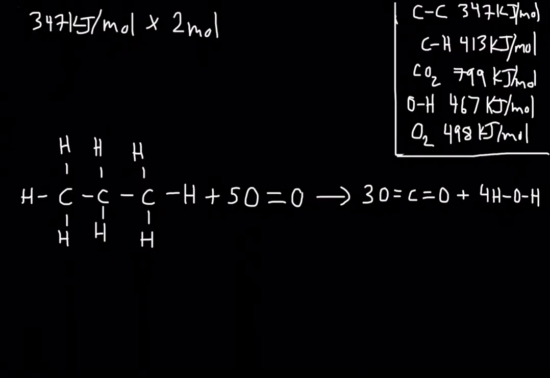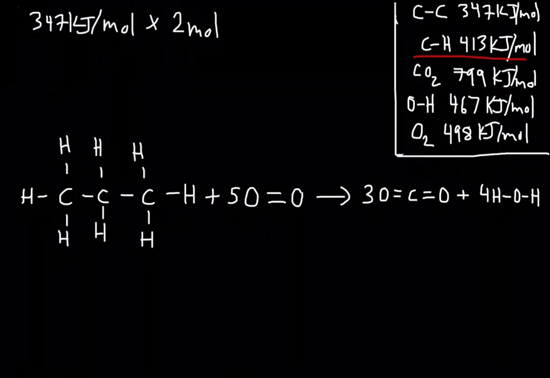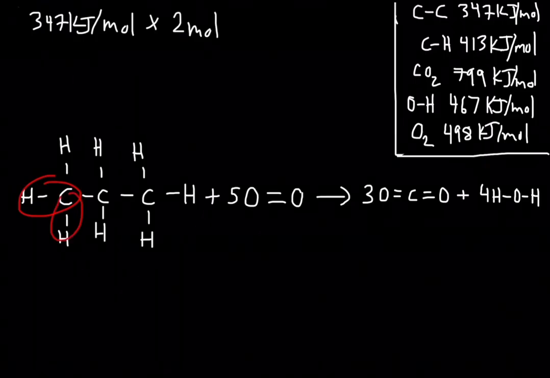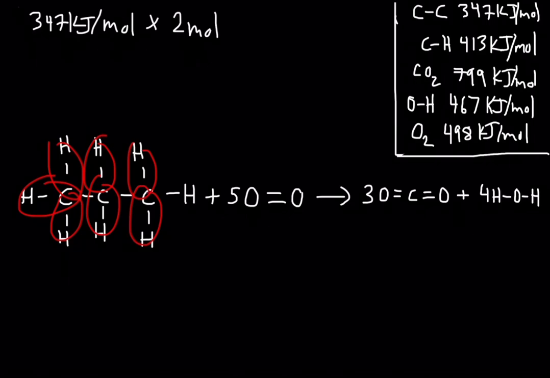And for the carbon-hydrogen bond, the bond energy is 413 kilojoule per mole. So there's 1, 2, 3, 4, 5, 6, 7, and 8. So there are 8 of these bonds.